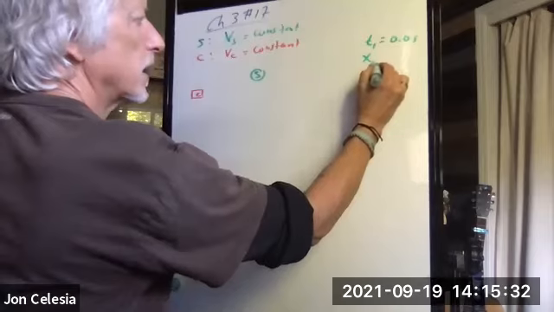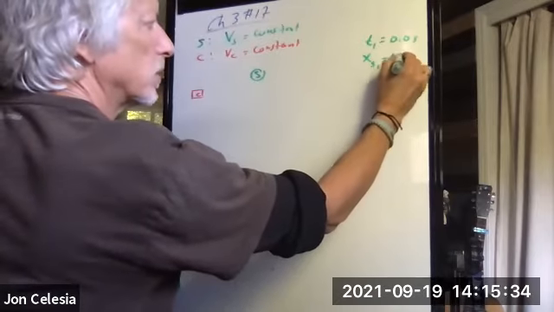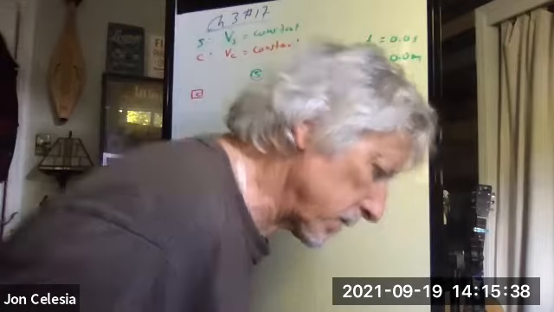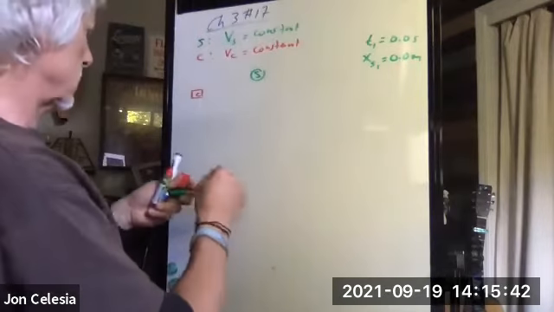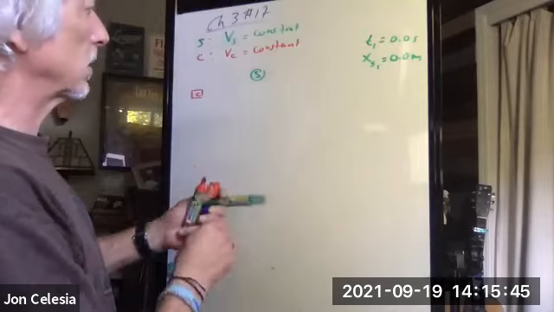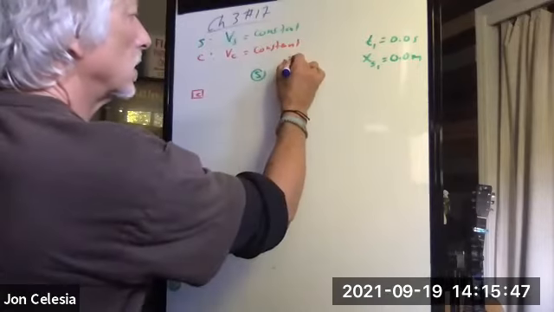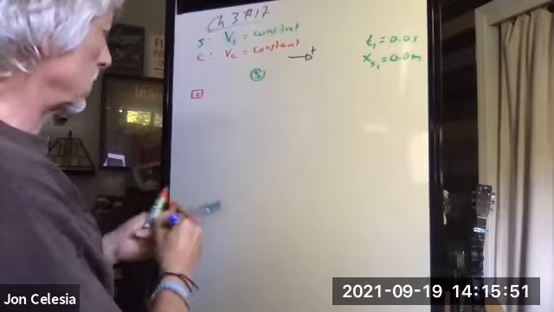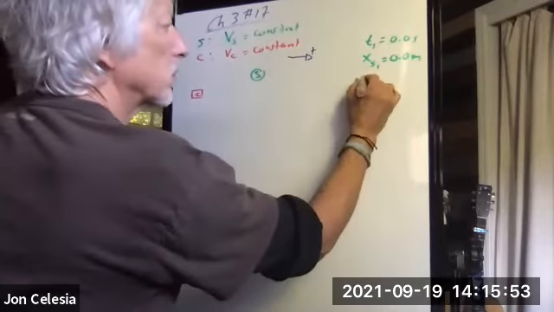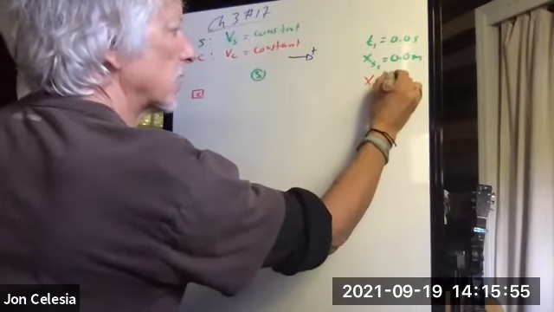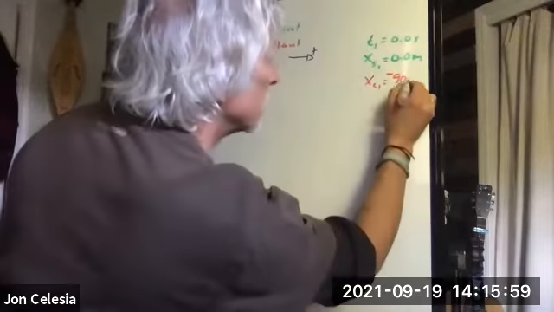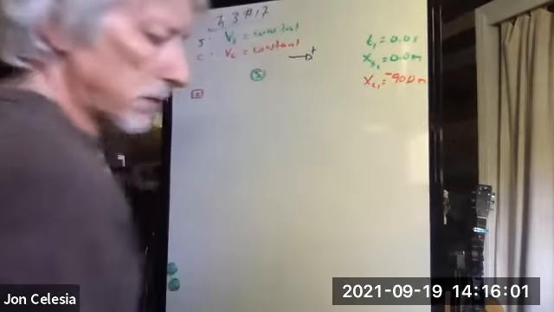Position of Sage at 1 is 0.0 meters. And the position of the cheetah is negative, so the way I've done that, I'm going to call that plus. Don't mess it up. The position of the cheetah is negative 90.0 meters. Good. All right.